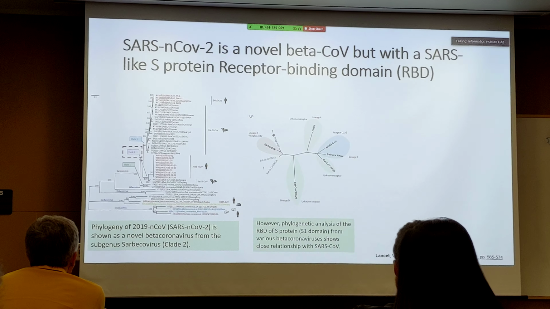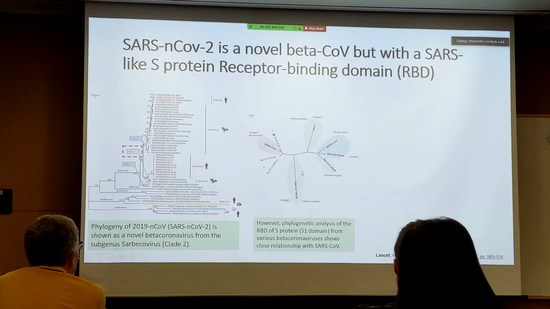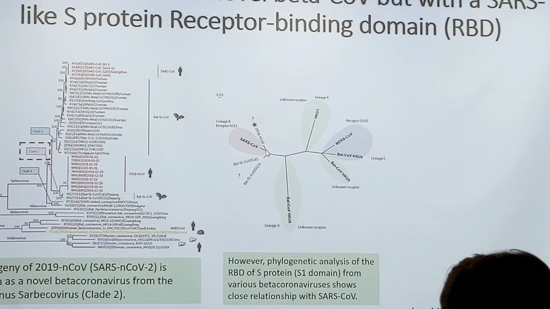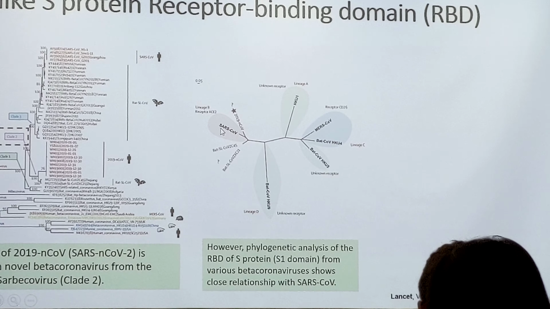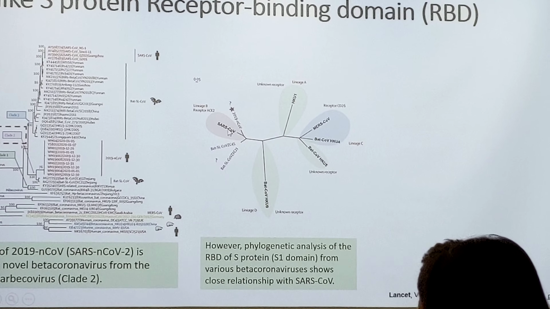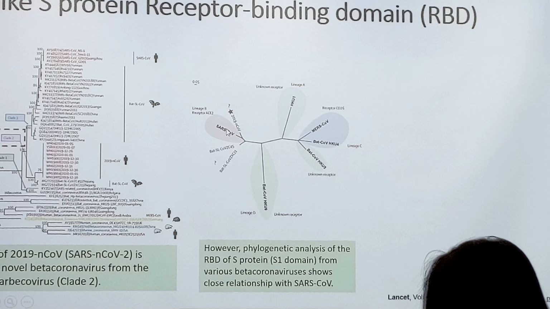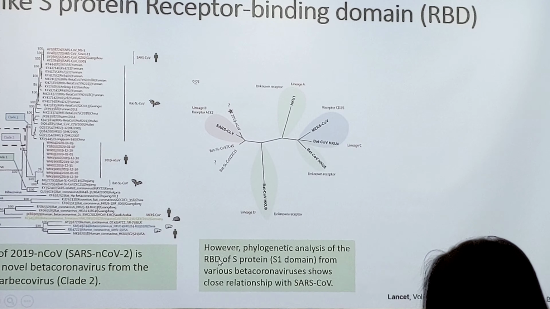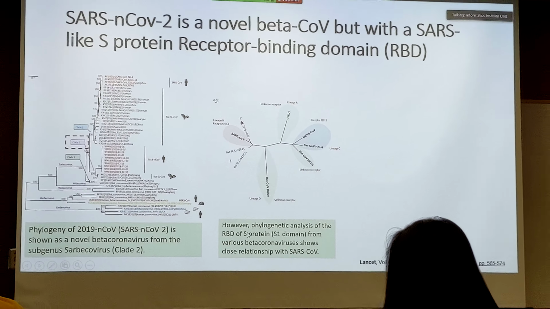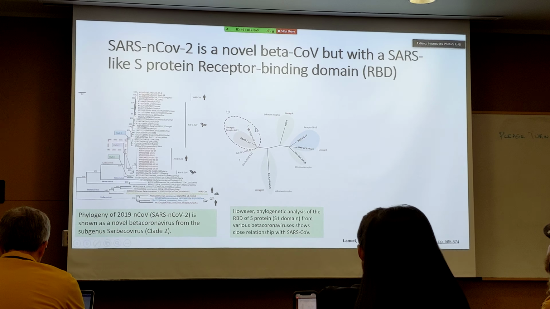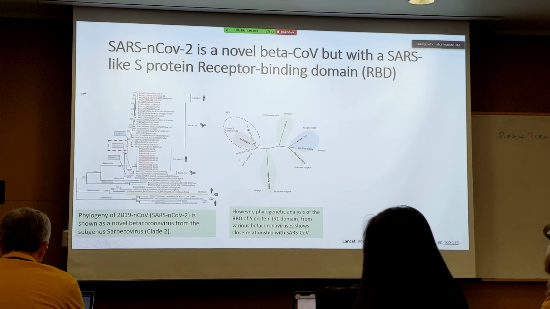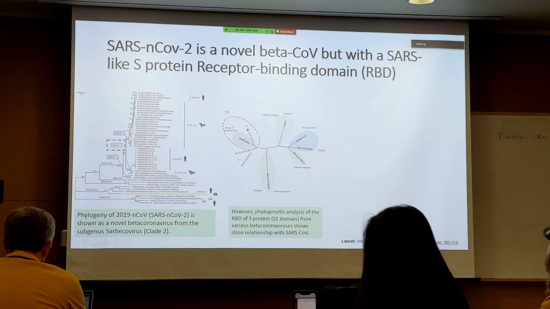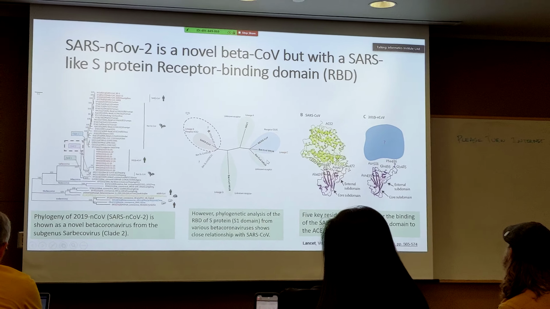But this Lancet paper was also puzzled. Should we classify this as a SARS-like coronavirus? Because for this particular protein, the RBD, the receptor binding domain of the S protein, it is actually closer to SARS. And there's more evidence.